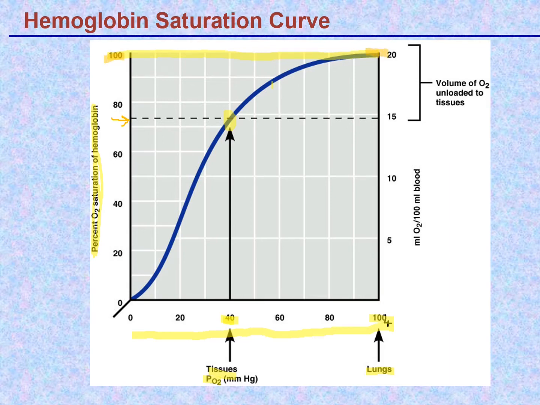If the blood gets delivered to the tissue capillaries, with a surrounding PO2 of 40, then you'll get roughly 75% saturation. So that's the hemoglobin dissociation curve, or hemoglobin saturation curve if you want.